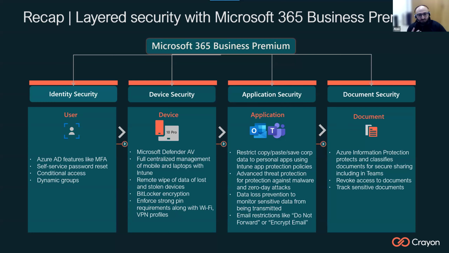The capability of Azure Information Protection has now become part of Microsoft Purview, and that will help you provide permissions, encryption, and watermarks on those documents, and classify your documents through labeling, etc. So all these four pillars contribute to the security posture of your customer tenant through Microsoft Business Premium.